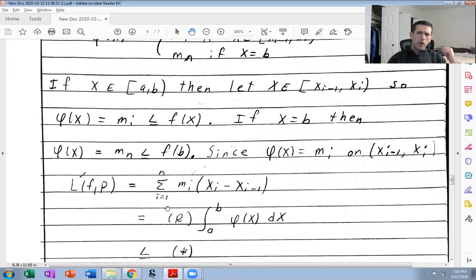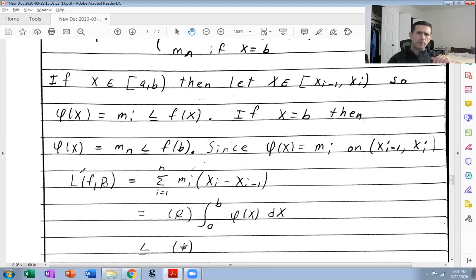Okay. Well, remember star is the supremum of all these integrals. So the supremum is an upper bound for a particular one of these integrals. Integrals over step functions that are less than or equal to f on the closed interval a to b. So this proves that for any partition, star is bigger or equal to the modified lower Riemann sum.